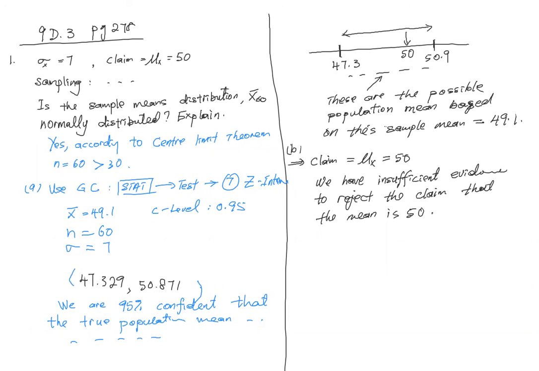Why do I say insufficient evidence? This is the evidence we are talking about. If I take another sample mean, it will be a different story. So we have insufficient evidence to reject, but I'm not saying it is 100% correct.